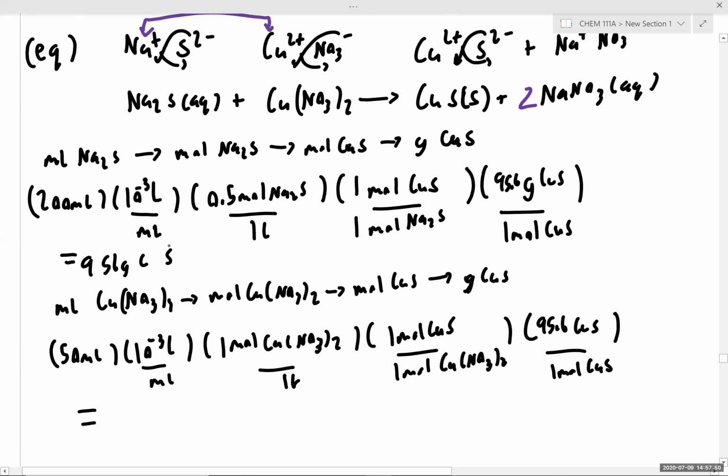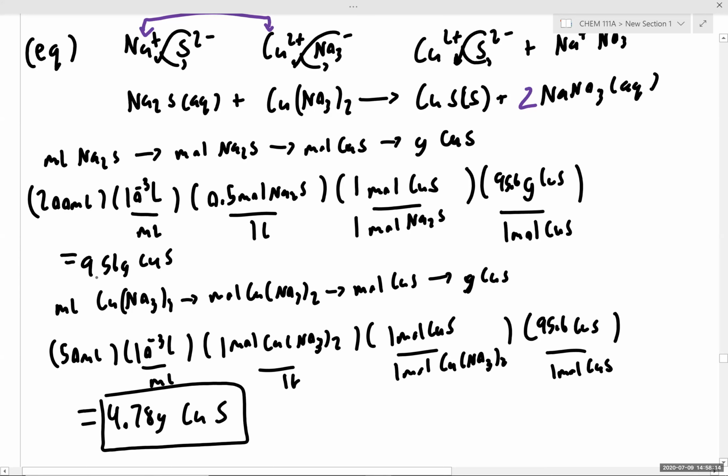Then for our second example, we have 50 over 1,000 times 100. So we have 50 over 1,000 times 95.6, which gives us 4.78 grams of copper sulfide.